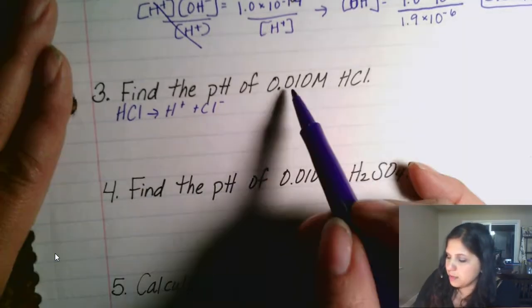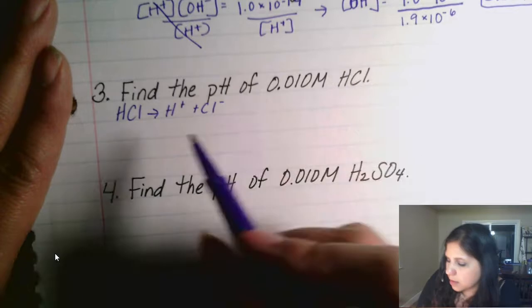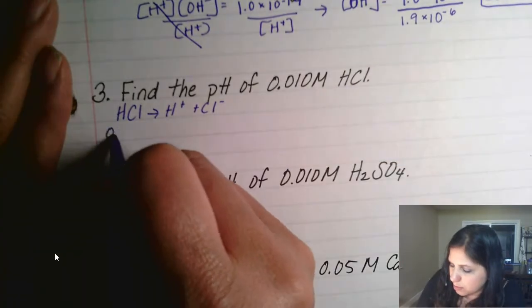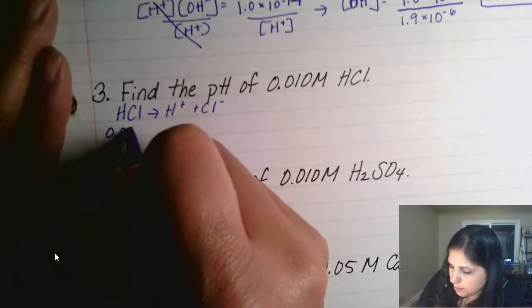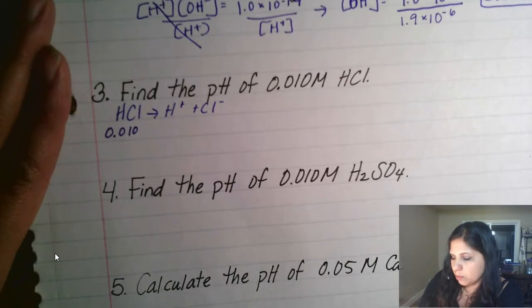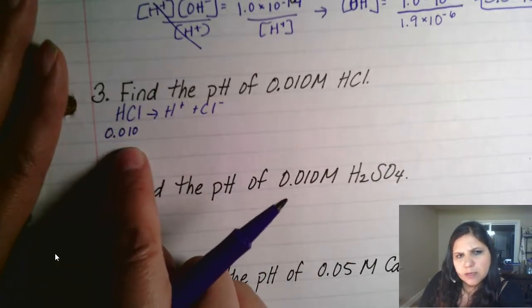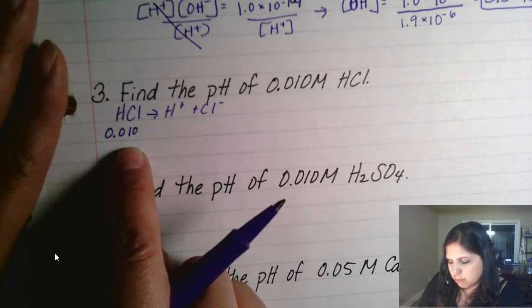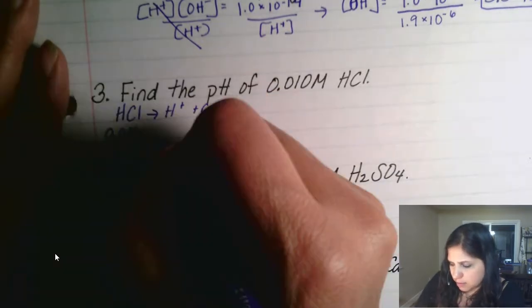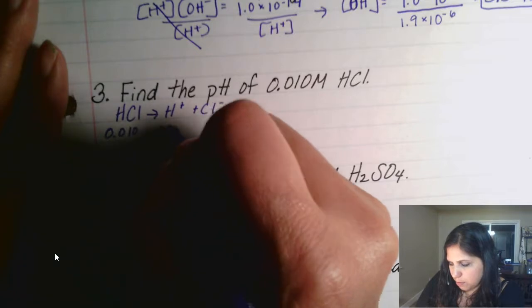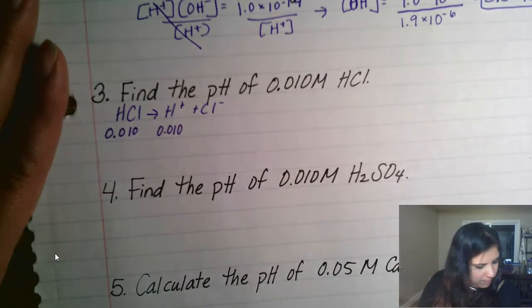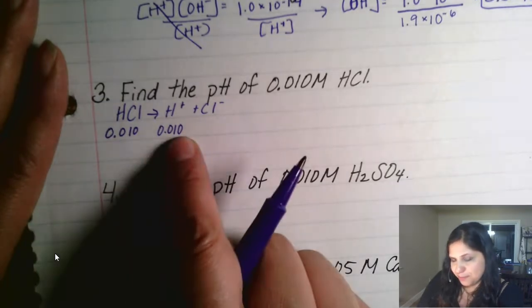Okay, so that means that if the HCl is 0.010, well, that's a 1-to-1 ratio. So if this is 0.010, then H plus is 0.010. Okay, that just transferred over.